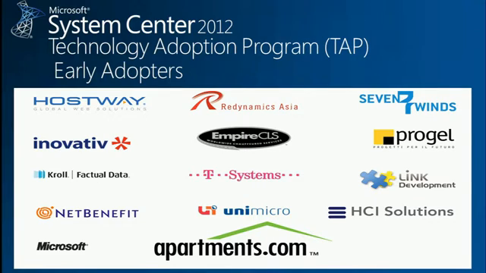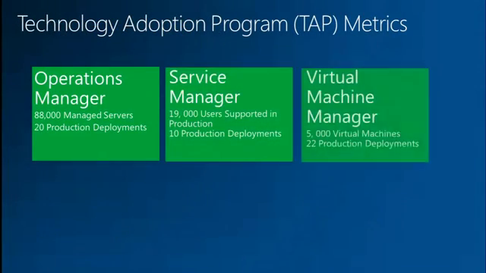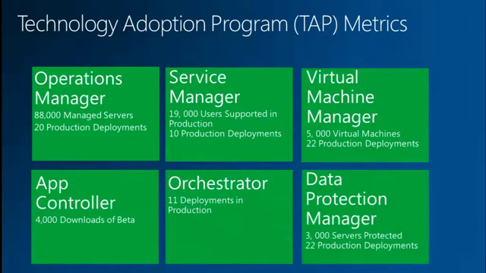And just as we all had a sigh of relief, I tell you that these guys had a lot to celebrate as well. Some of the things that we achieved with our TAP partners, Brad touched on some of the higher level metrics. Operations Manager just across our TAP customers was managing about 90,000 servers, both physical and virtual, by the end of our TAP engagement.